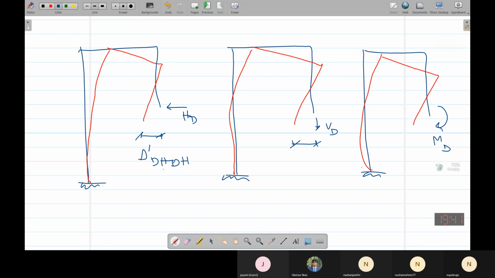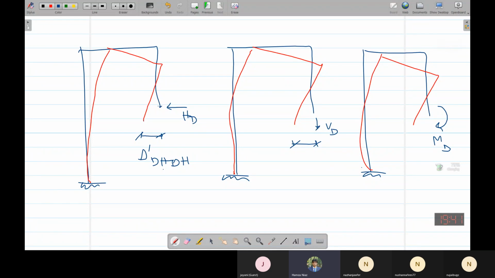Because our frame was moving towards the left side, this red line is towards the left of the original frame. That's why we have written HD in the left direction. So it's best if you draw the elastic curve and then write the equations.